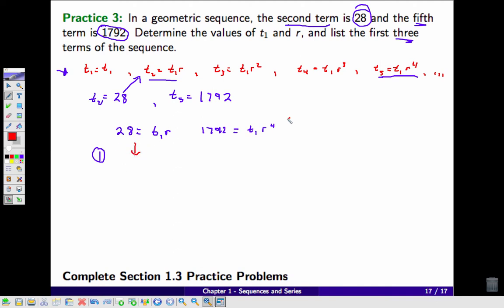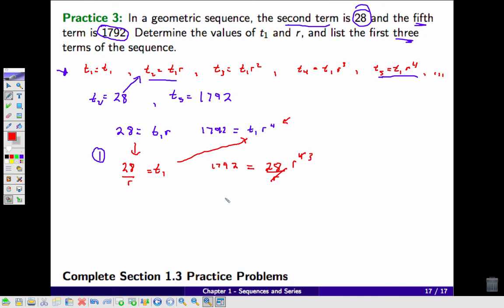Over here, I'm going to solve for T1 because I'm going to solve for R over here. Okay, so I apologize here. So this will actually be R and T1, and then I'm going to substitute in to T1. Okay, so what I'm going to be left with is 1792 equals T1 is actually equal to 28 over R, and this is all times R to the 4.